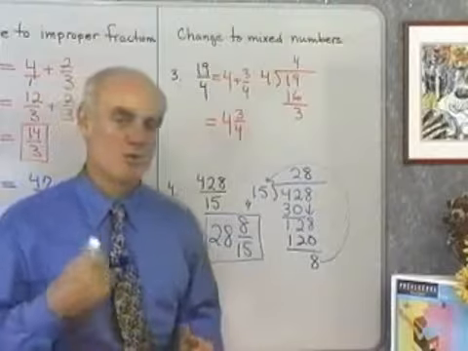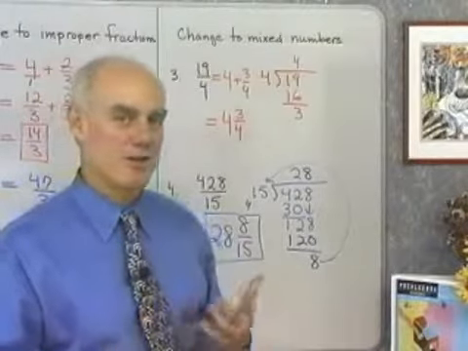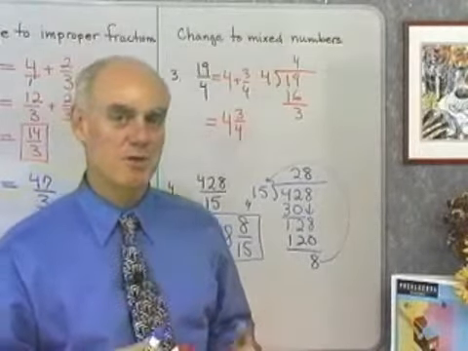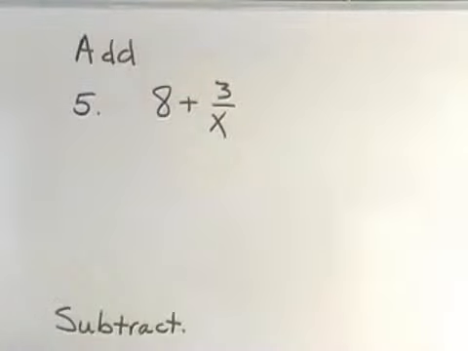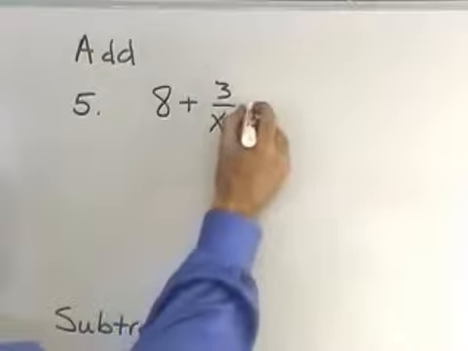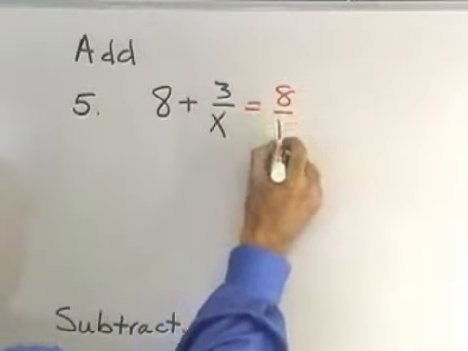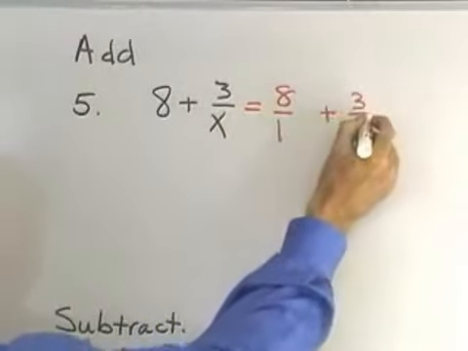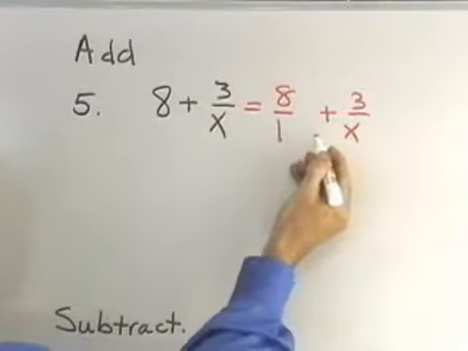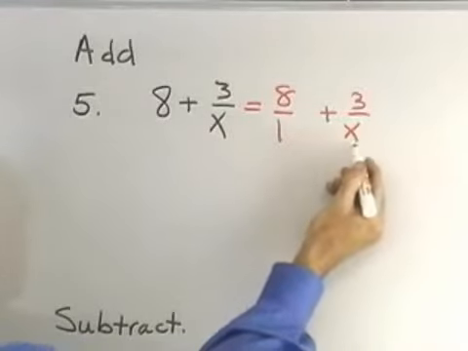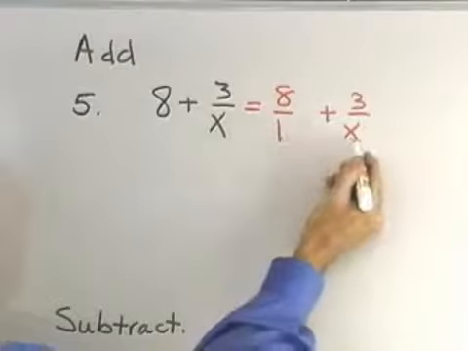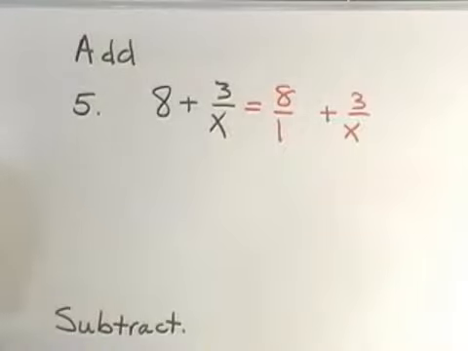Now for the pre-algebra students, I want to look at a couple of problems that are similar to what we just did with these mixed numbers, but they involve variables. Let's add 8 and 3 over x. 8 plus 3 over x. Okay, this is going to be 8 over 1 plus 3 over x. I look for a least common denominator, the simplest expression I can find that's divisible by 1 and by x. That will be x.